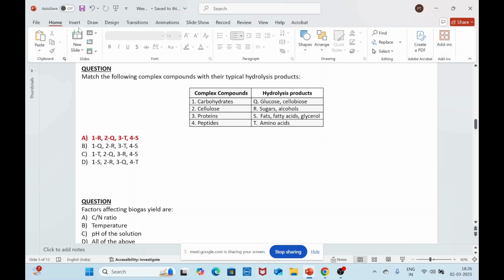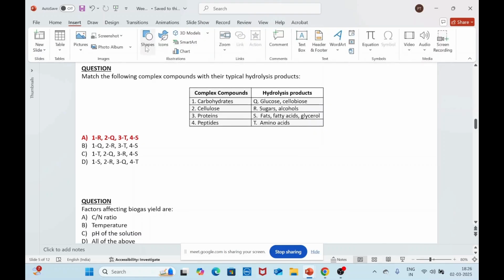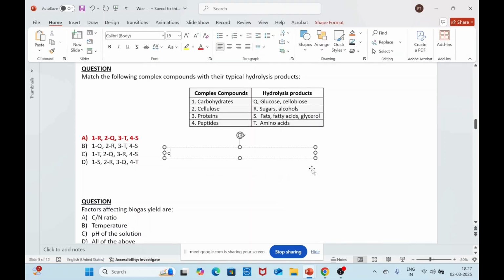Cellobiose is when two glucose units are linked to each other. So when two glucose units are linked together, you call that cellobiose. Cellulose is many glucose units linked to each other.